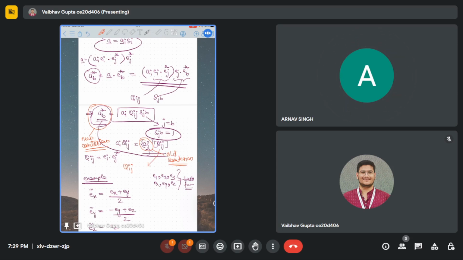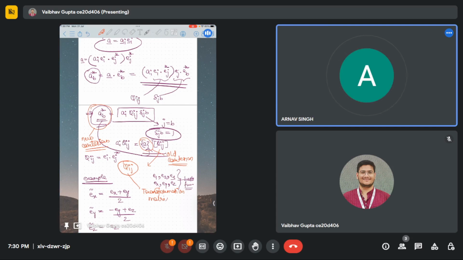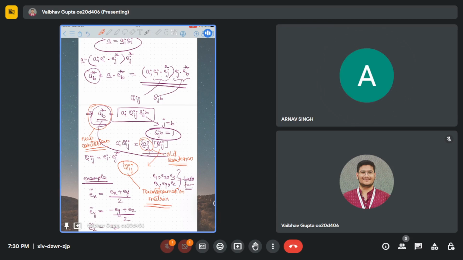This is nothing but a transformation matrix. So to relate the new Cartesian coordinate system with the old Cartesian coordinate system, we need a transformation matrix, which is known as Qij. This Qij is nothing but ei dot ej star.